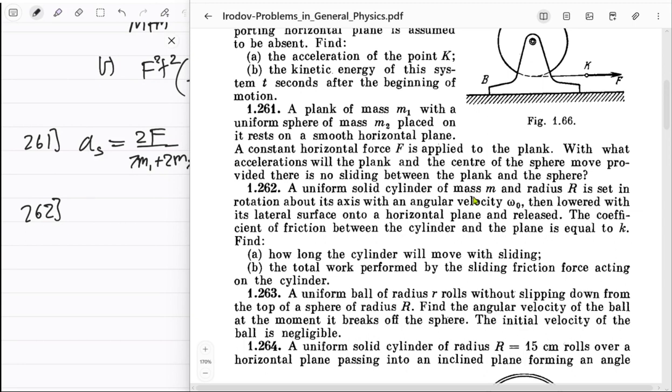The coefficient of friction between cylinder and the plank is equal to k. Fine. How long will the cylinder move with sliding? I think we did this somewhere. I can't remember where, but whatever.